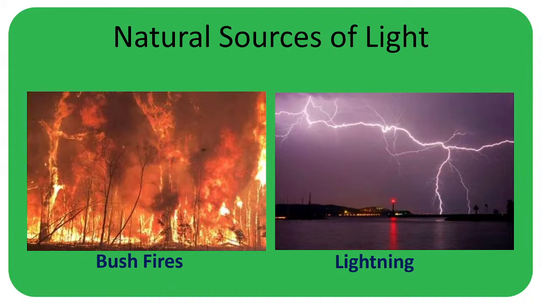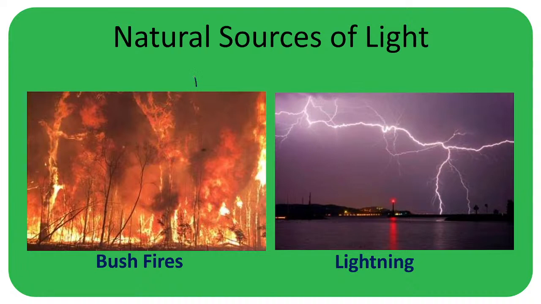More natural sources of light will be bush fires. Sometimes fire occurs in the forest area. It happens naturally because trees rub against each other, and friction is the main cause of fire in the forest.